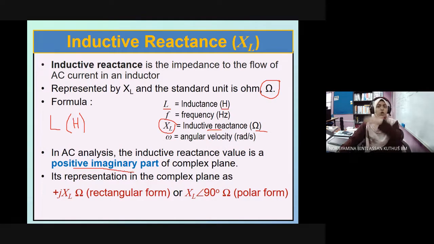Remember that the whole impedance is actually a complex plane, and the complex plane has a real and an imaginary part. The resistor is the real part. Inductive reactance and capacitive reactance are the imaginary part. Inductive reactance is the positive imaginary part. So this is the value, and this is the formula: plus jXL. It's okay, just look first. Hopefully by the time we go to the examples, we will know where to use these things.